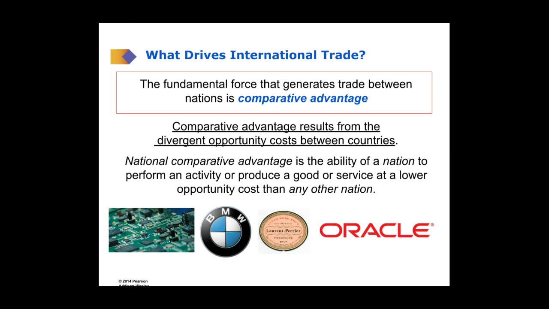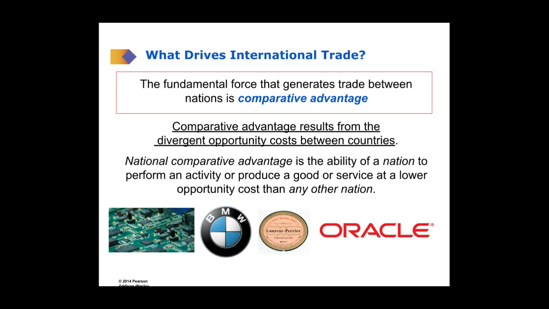So comparative advantage is the basis on which we decide which countries are going to produce what, and which countries are able to produce products at the lowest opportunity cost. So the important thing to remember here is that international trade is no different than trade in general.